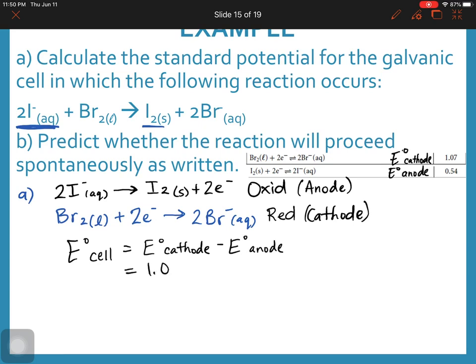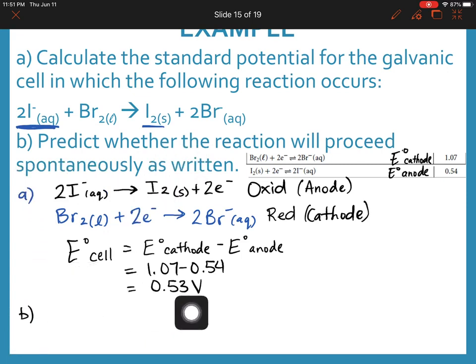So 1.07 volts minus 0.54 volts, and that gives us 0.53 volts.